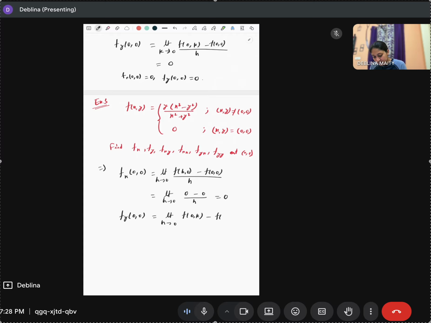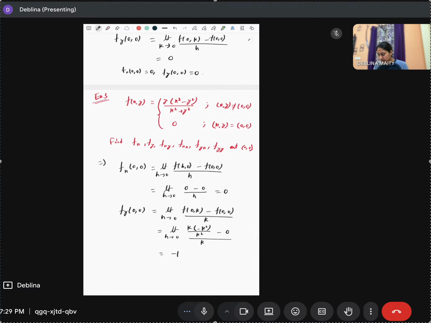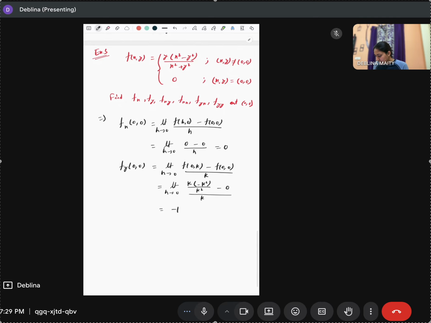It is f(0,k) minus f(0,0) divided by k. Now (0,k) is not (0,0), so f(0,k) is k times (minus k²) by k², minus f(0,0) which is 0, divided by k, which is nothing but minus 1, right? So what we have found till now is fx(0,0) equals 0 and fy(0,0) is minus 1, right?